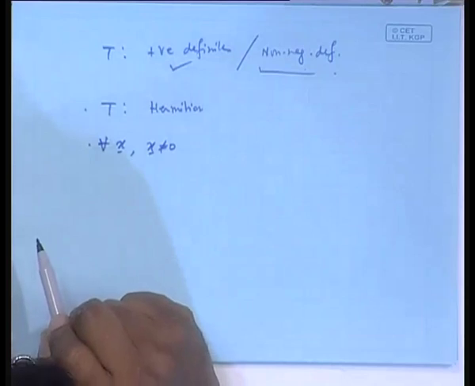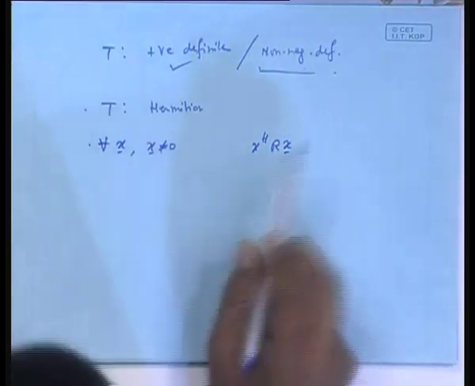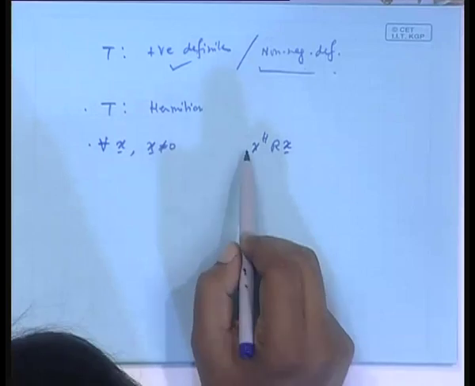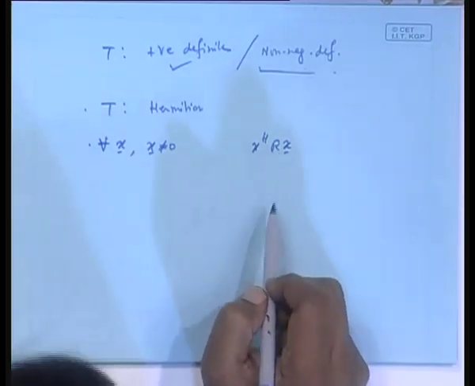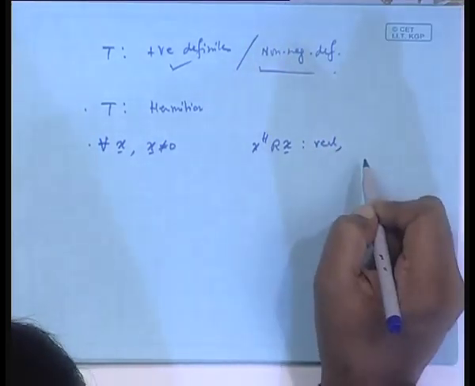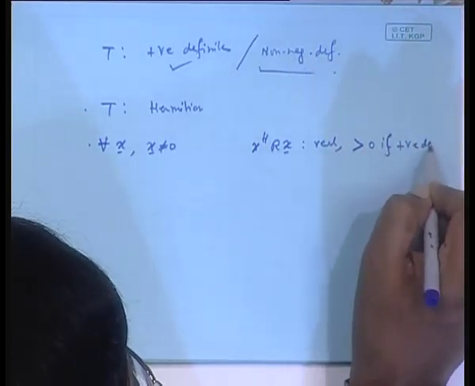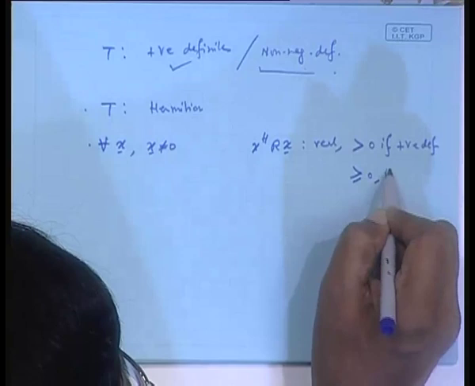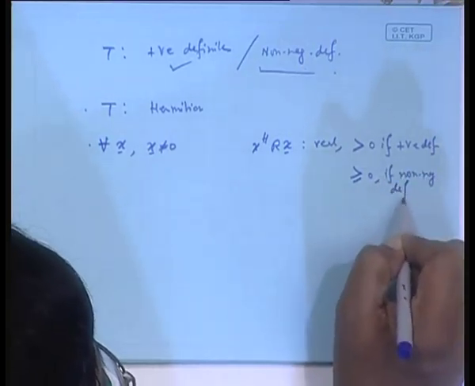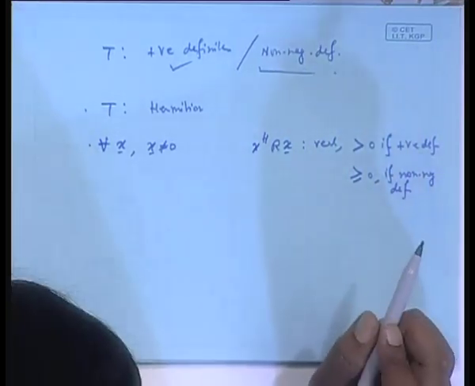This is important. If you take this product, x Hermitian times Rx, which is some vector y, x Hermitian times that thing, this must be real and greater than 0 if positive definite, and greater than or equal to 0 if non-negative definite, also called positive semi-definite.